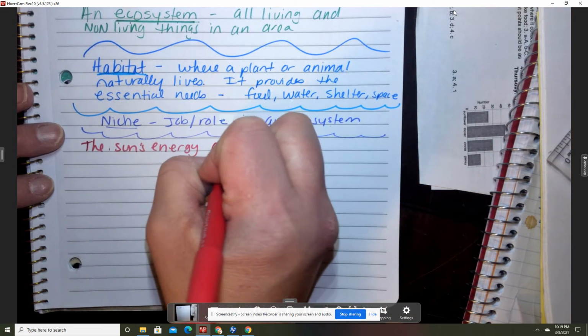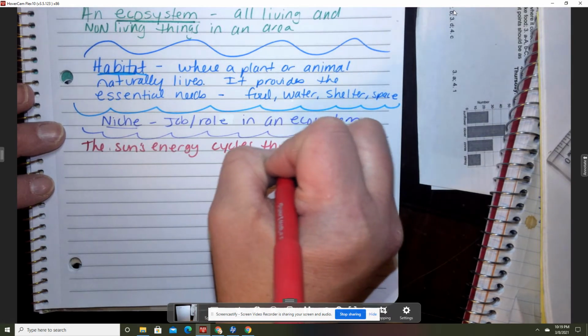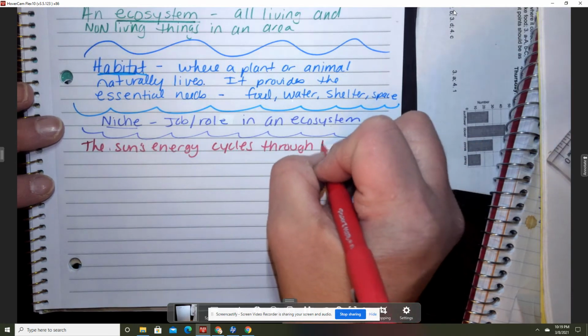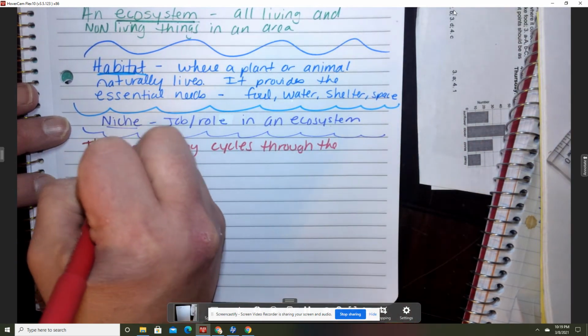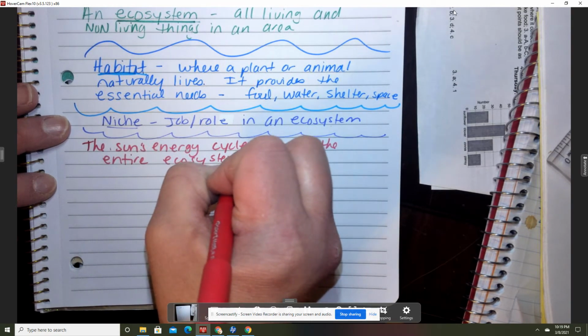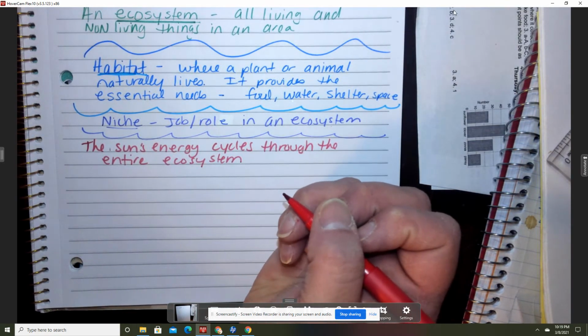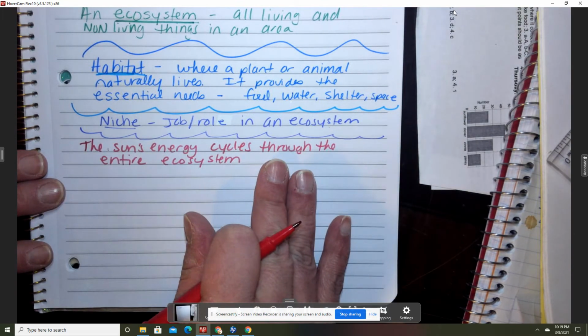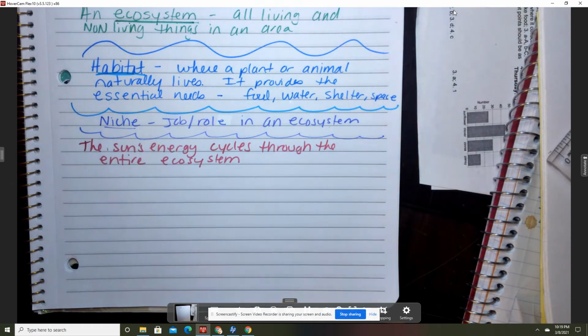So it cycles through the entire ecosystem. So we'll talk about food chains Thursday. So you'll see how ecosystems rely on the sun to come first. So because of the sun, we're able to have something that's called producers, right?